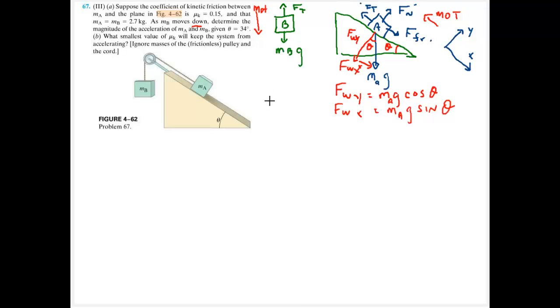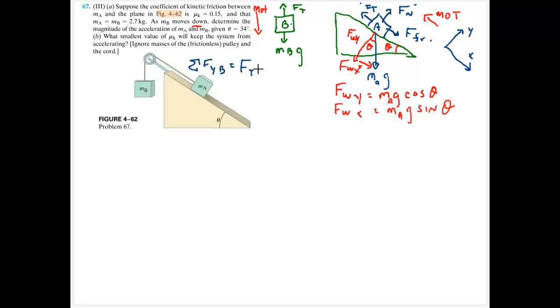Now let me write Newton's second law for the two systems right here. First of all, I have no forces for mass number B in the x direction. I'm not even going to waste my ink writing that out. I'm going to first write out some of the forces in the y direction for mass B. I have the tensional force upwards and the mass times gravity downwards.